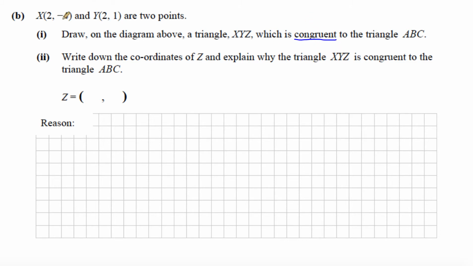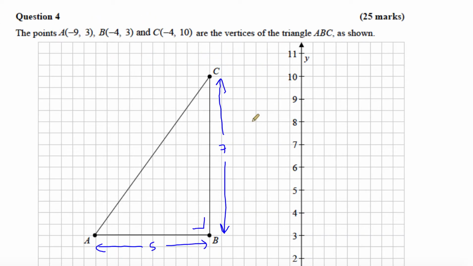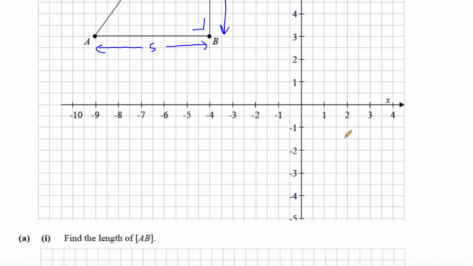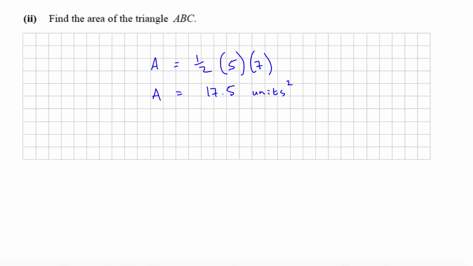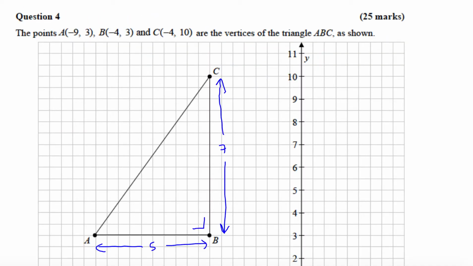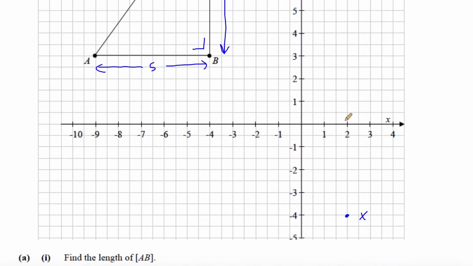So we're going to mark these 2 points X and Y. So X is 2, minus 4, which is over to 2 and down to minus 4. That's the point X. And then the point Y is 2, 1, so over to 2 and up to 1.